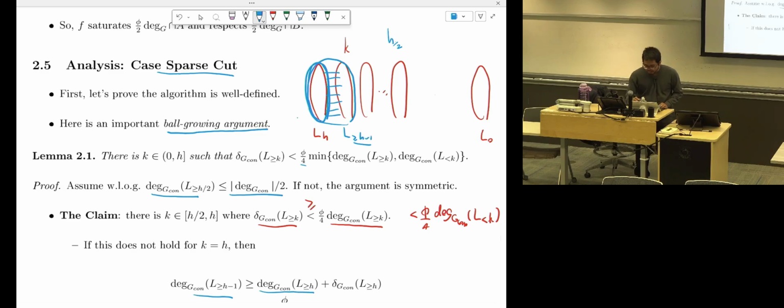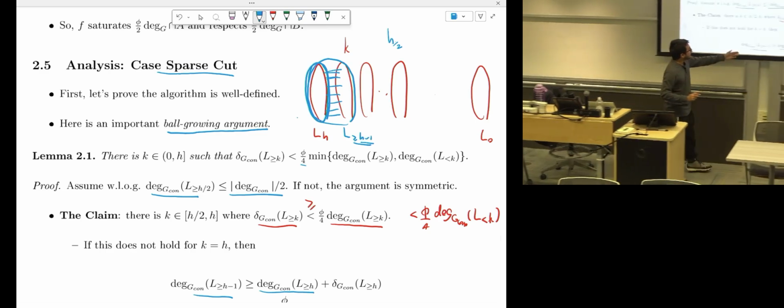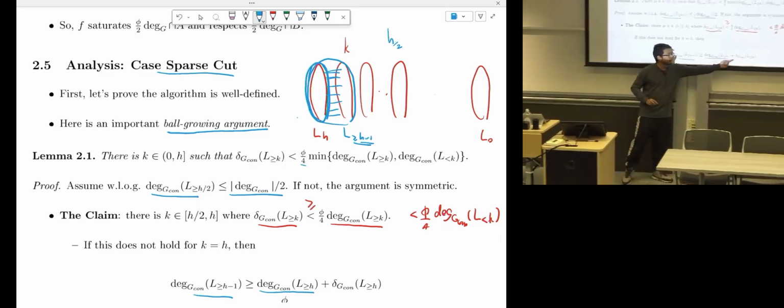And note that these edges crossing the cut never skip layers. They just go to this layer h minus 1 because this is in G-con. Okay. So this is just true in G-con.